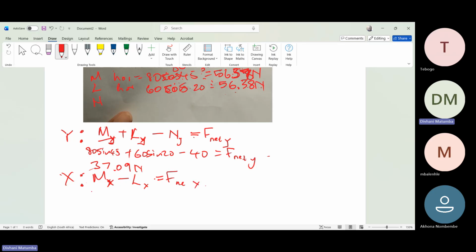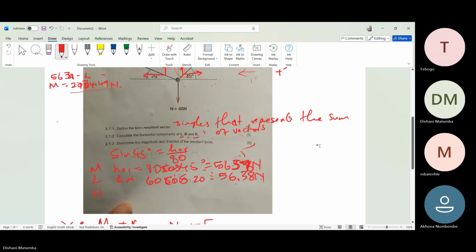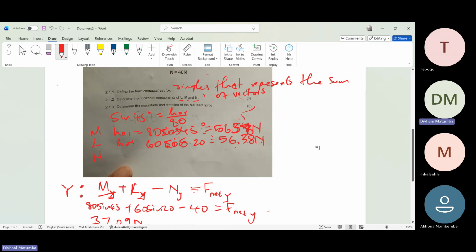So we have already calculated the M, which is giving us 56.38, minus our L, which is 60 cos of 20. How much is that? Let me see again. 56.38, okay?